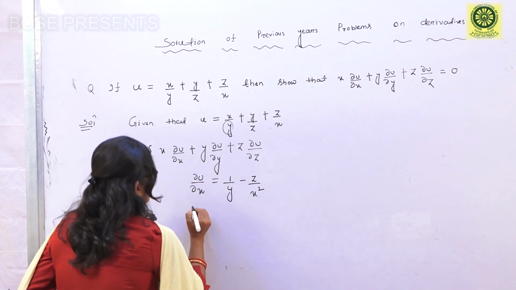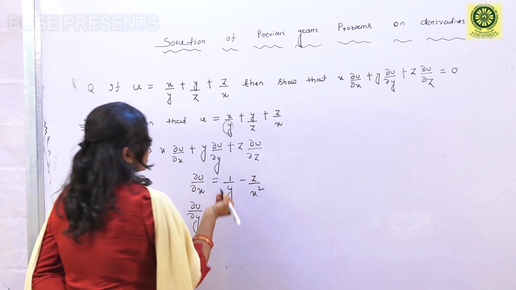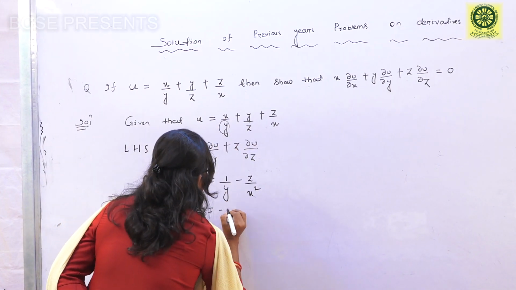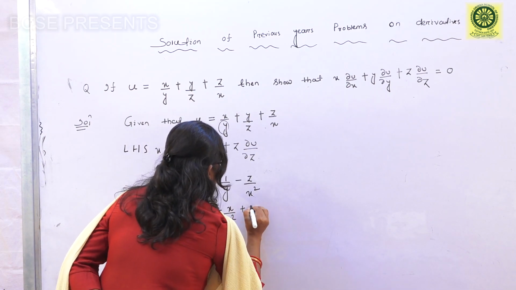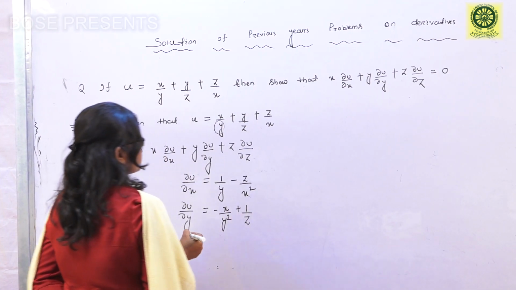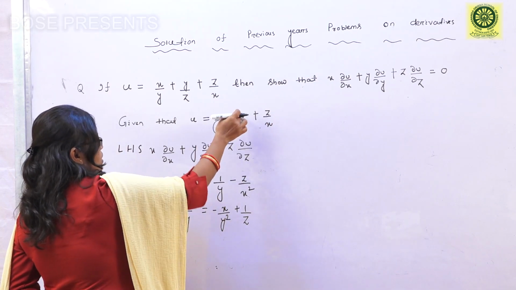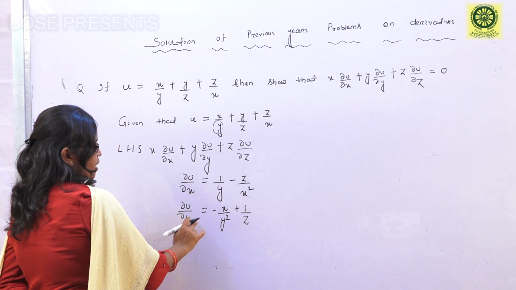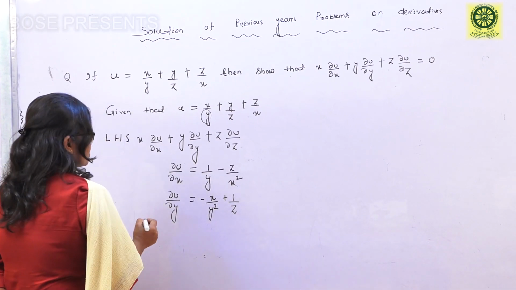Similarly we calculate del u by del y, which equals minus x by y square plus 1 by z. Here z and x are variables, y is absent.